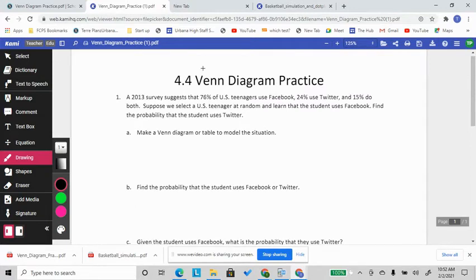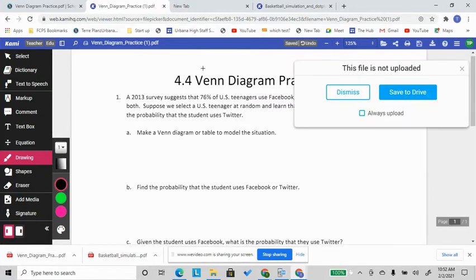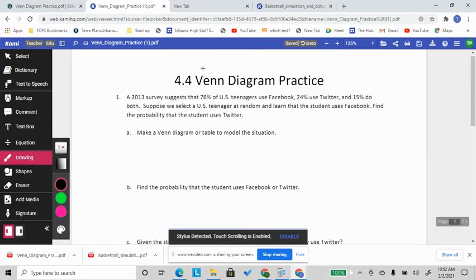All right, so Venn diagrams, and it says section 4.4, but just ignore that because I teach out of a whole bunch of different books. This is really 5.2. I've taught this course out of like 4 different books. So anyway, we're going to do Venn diagrams now.